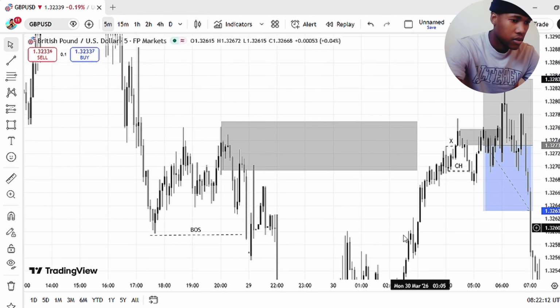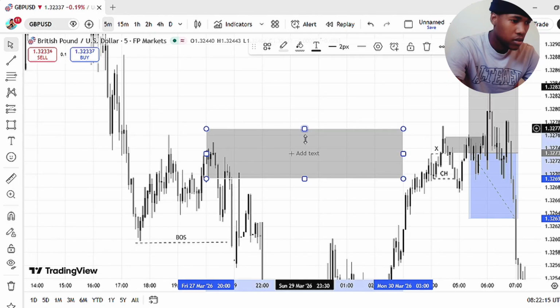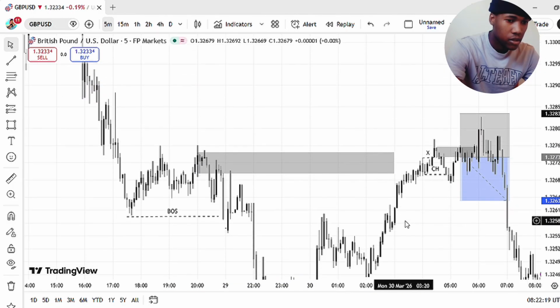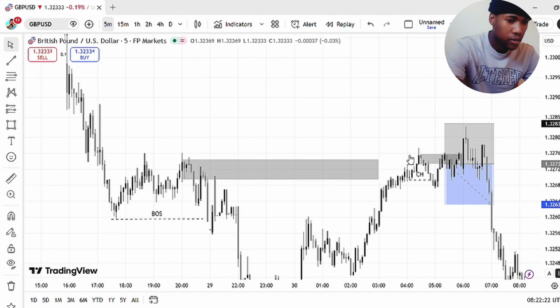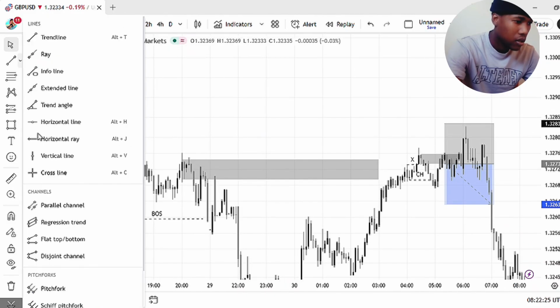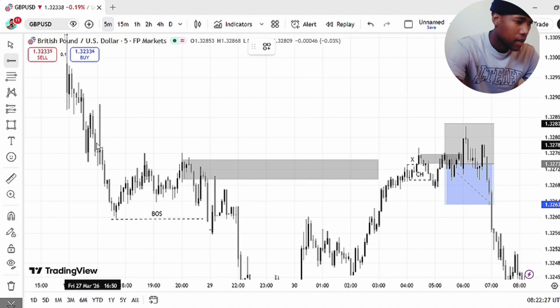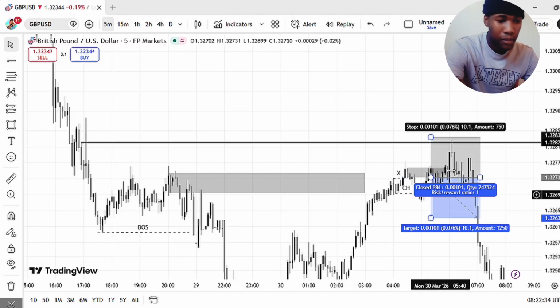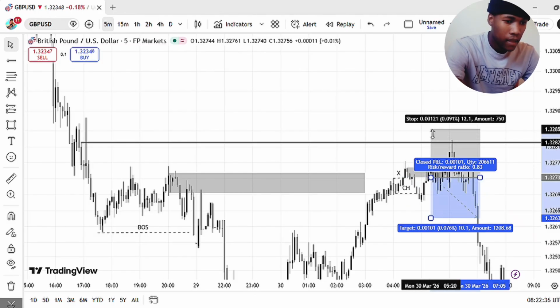I placed my stop loss all the way up there because I know that the market was going to consolidate a lot. So I had to place my stop loss somewhere around here above this candle, because I know the market was going to react a lot.